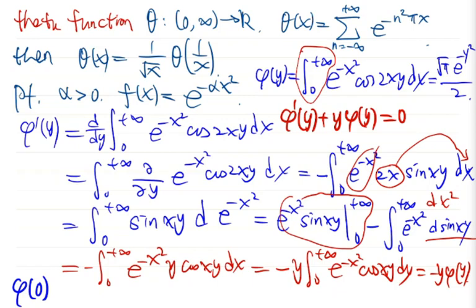When y is 0, phi 0 is the integral from 0 to positive infinity of exponential minus x squared, cosine 0 is 1. So phi 0 is the integral from 0 to infinity of exponential of minus x squared, which is half of square root of pi. So solving this initial value problem for the ordinary differential equation, you can compute phi y just as given here.